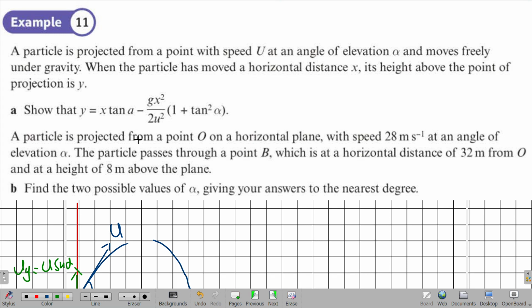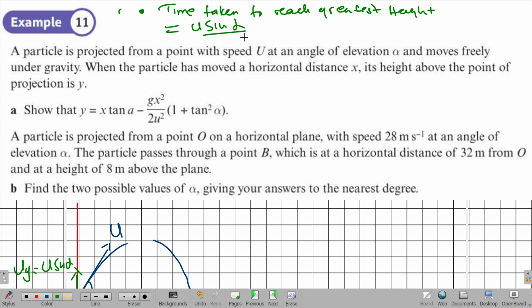Hello. I want to show the proof of these two formulas. The first one says the time taken to reach greatest height is given as u sine alpha over g.